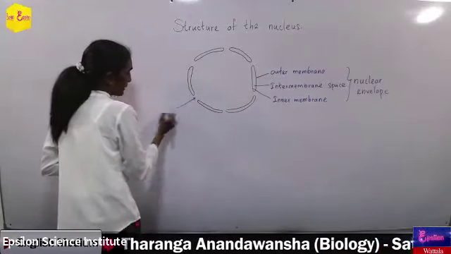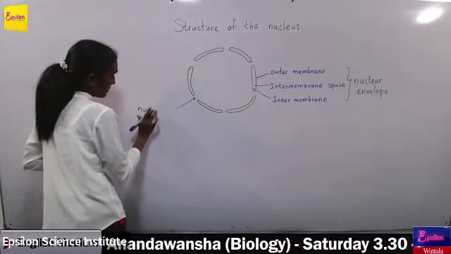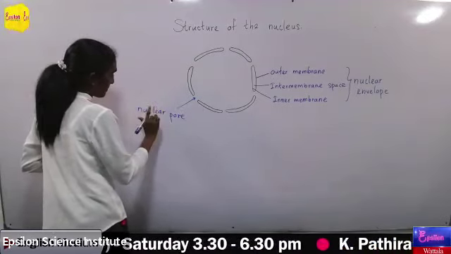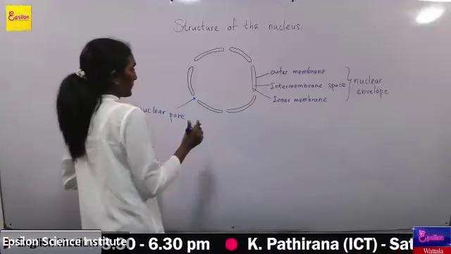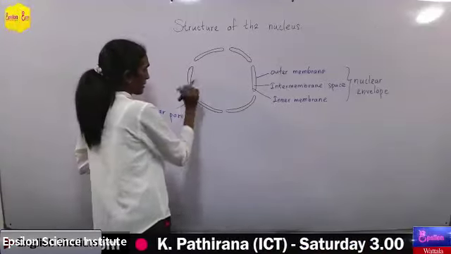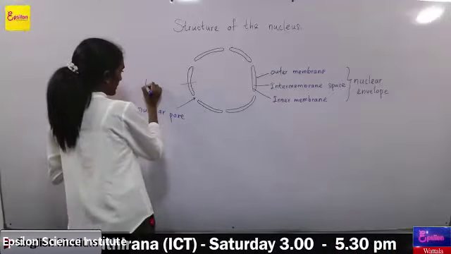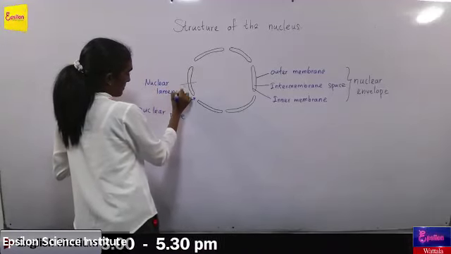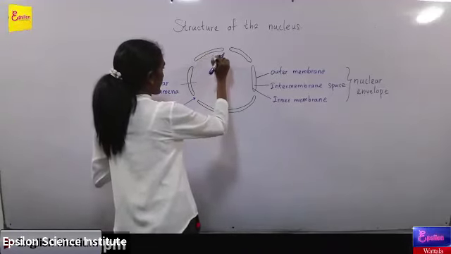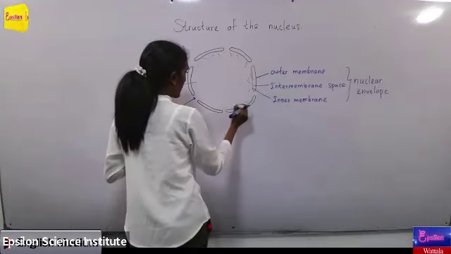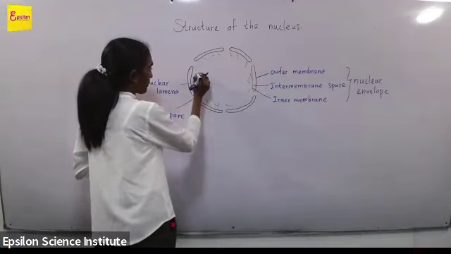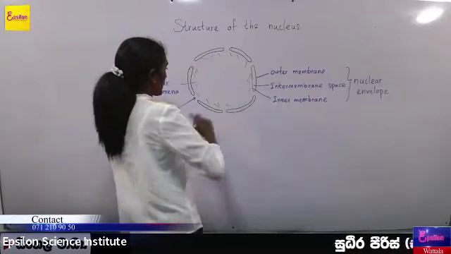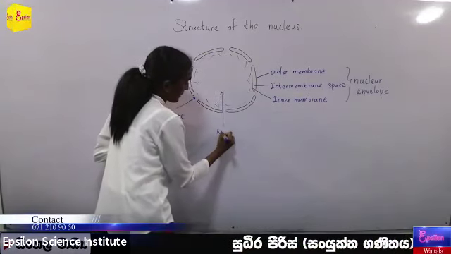So here are nuclear pores. Inner to that, the nuclear lamina is located. In that, protein filaments are randomly found, right? It's not a master draw, so I'm just drawing a few protein filaments here, right? Inner to that, nuclear matrix is located.